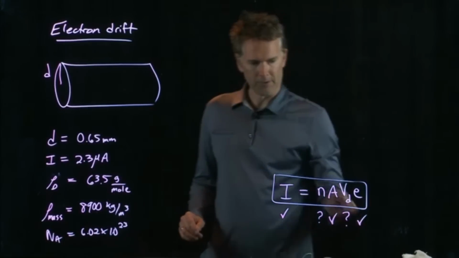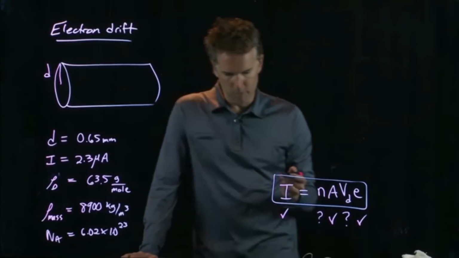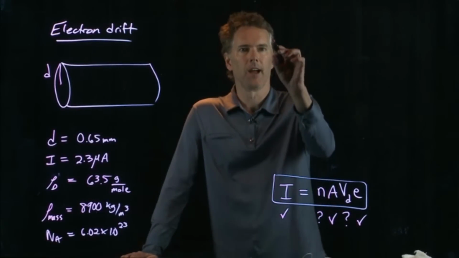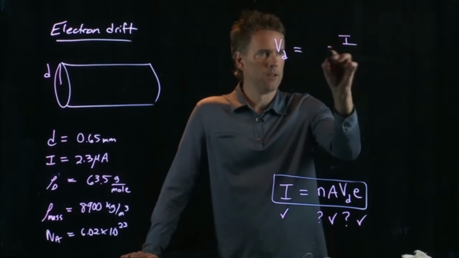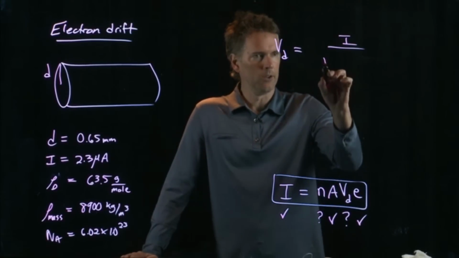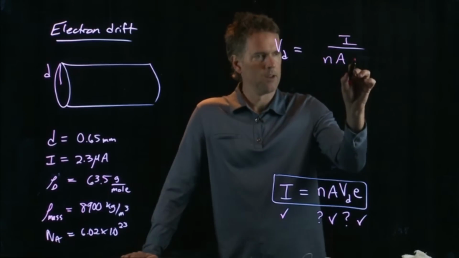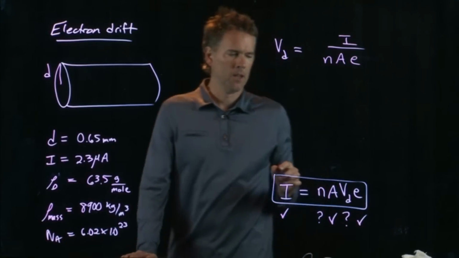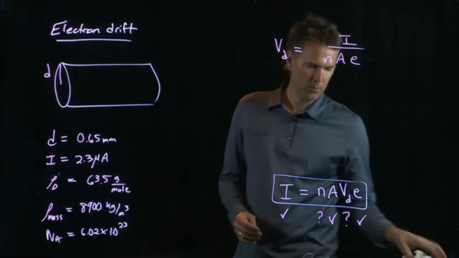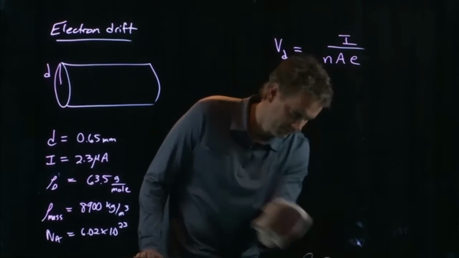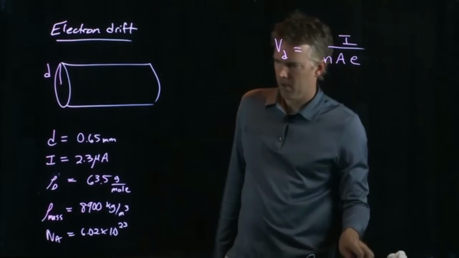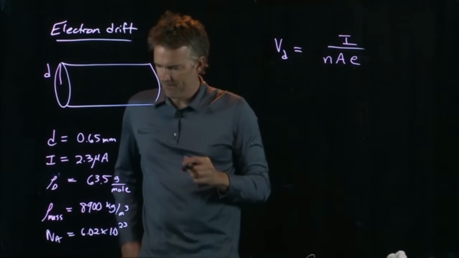All right, let's rewrite this equation, and we want to solve for drift velocity. So V sub D is going to be I divided by little n times A times E. And now we have to worry about what these different things are. Okay, little n.